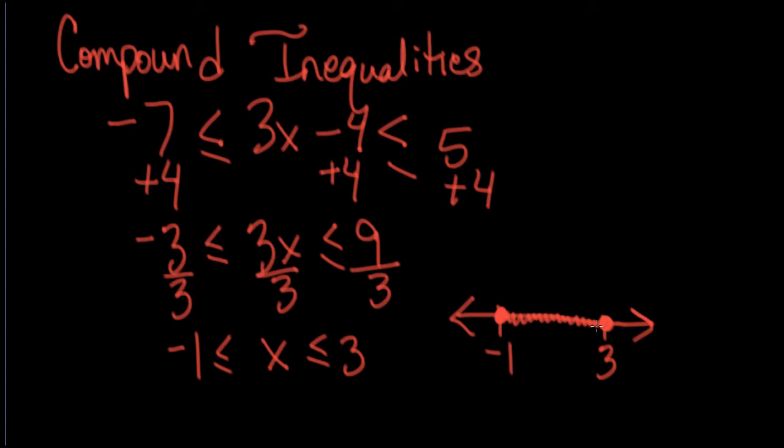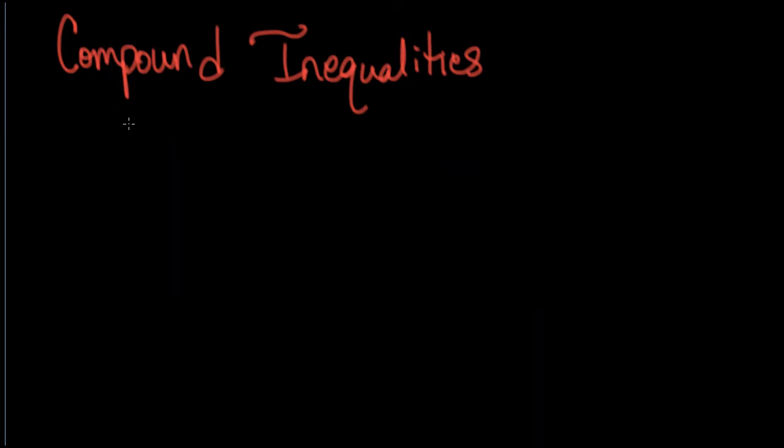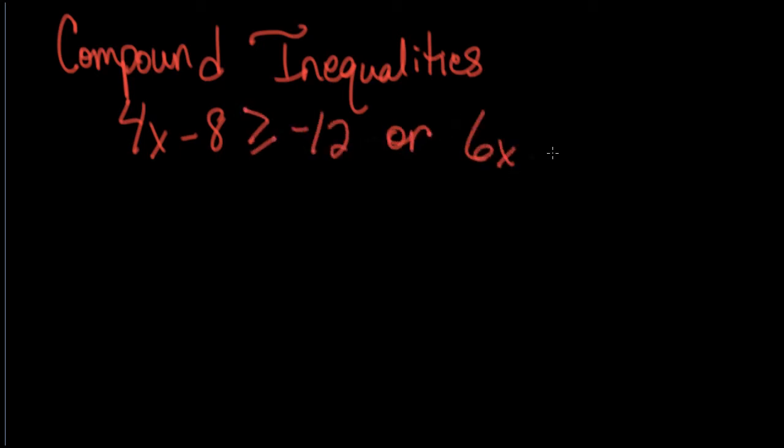Now we're going to try it one more time in a problem that's not an and problem. So if I gave you 4x minus 8 is greater than or equal to negative 12, or 6x plus 4 is less than negative 20.